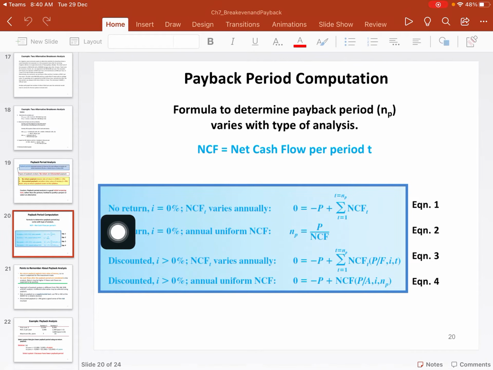Equation 1 is where I equals 0%, NCF t varies annually. For equation 2, I equals 0%, the NCF has a uniform value annually. For discounted, I bigger than 0, the NCF varies annually, and secondly, the NCF value is uniform annually. These two are for I bigger than 0%.